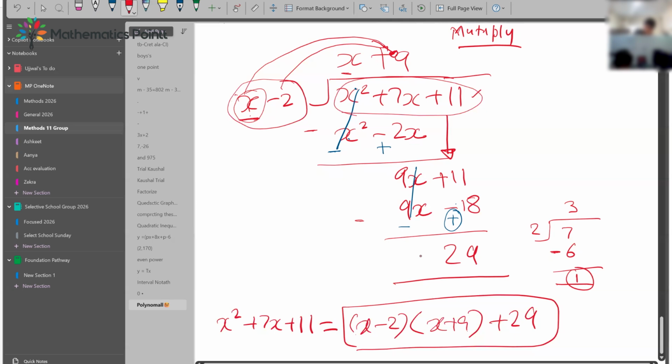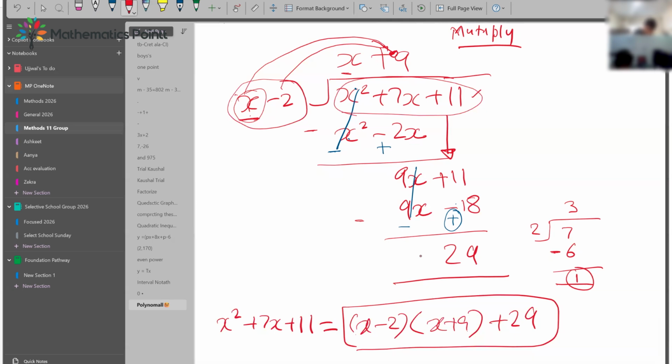So you have actually, using polynomial division, broken this quadratic down into factorized form. This is like factorized plus some remainder, right? That was your original polynomial, and that is what you achieved.